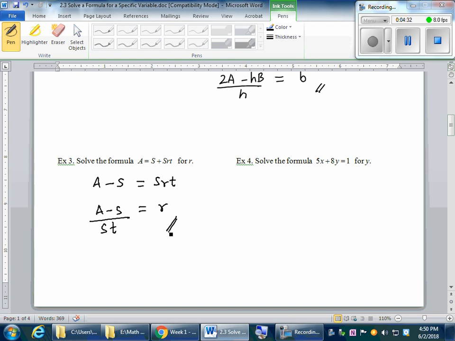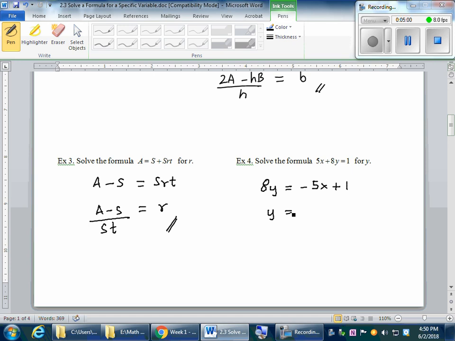Next, solving the formula 5x plus 8y equal to 1. You see this type of equation a lot back in 115, which is elementary algebra, right? When we draw the lines. So solving for y, first I need to subtract 5x from both sides. So this is how I'm going to write it down. Negative 5x plus 1. And then you divide by 8 on both sides.